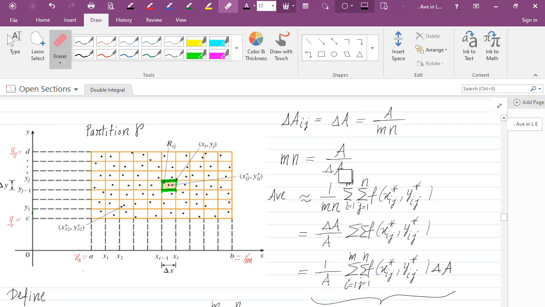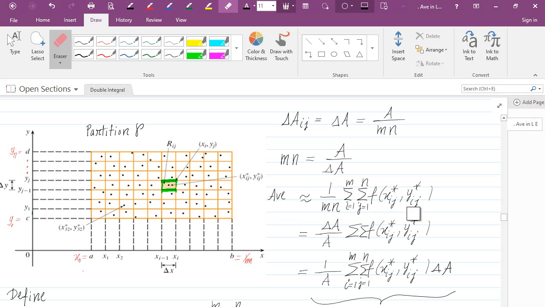Okay, so how would we approximate the average value of f on this rectangle? Well, let's pick a test point in each of these sub-rectangles. So we have m times n test points here. We evaluate f at each of these test points, and then we take their sum.